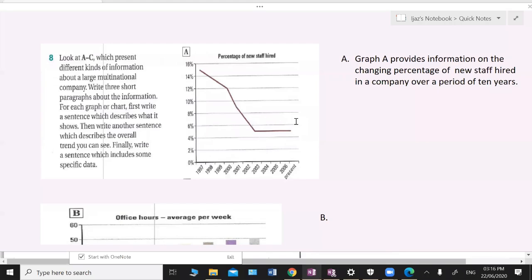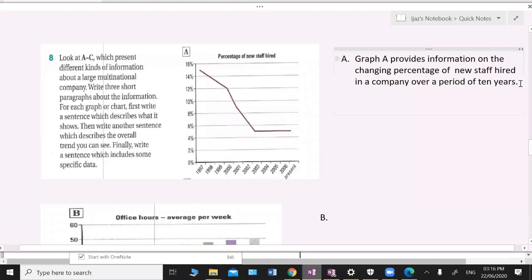According to the figures, so we can say here, our second sentence: fallen gradually.